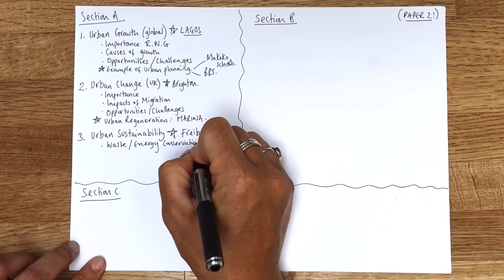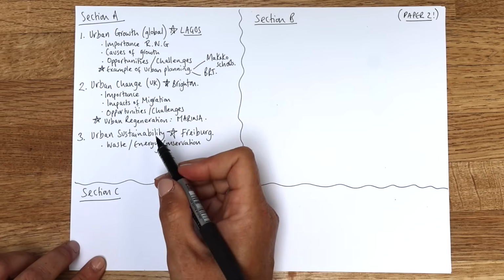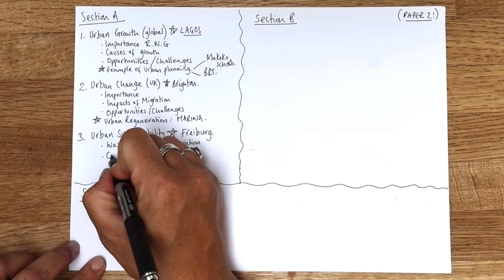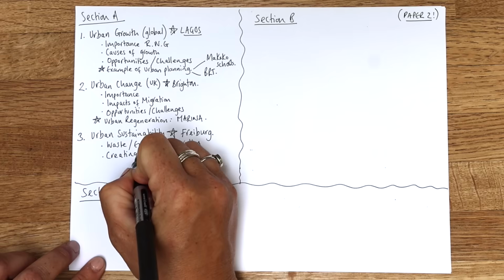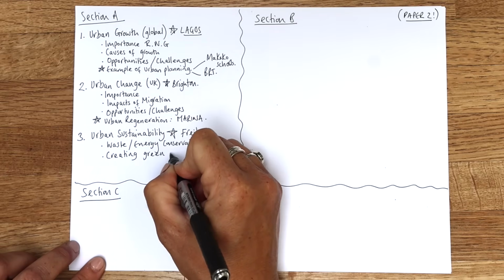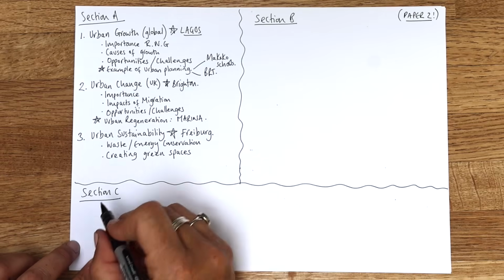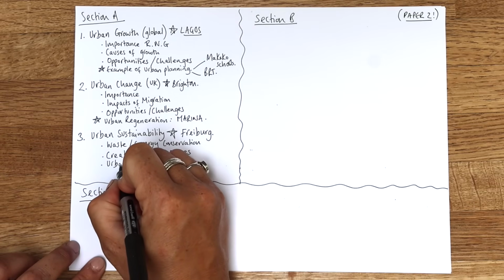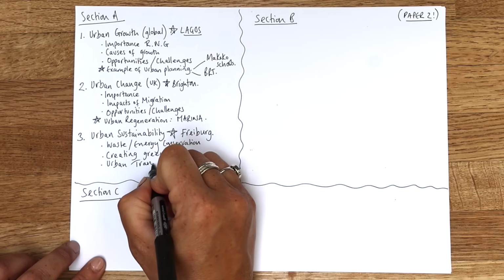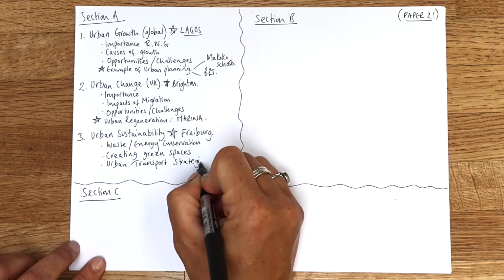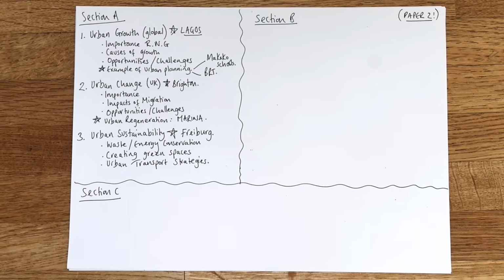So how are they recycling with waste, and how are they dealing with energy? They might ask you about creating green spaces, you know, planting trees, vertical farming, those kind of things. And then finally, urban transport strategies. Okay, again, I have another video on Freiburg that you can watch.